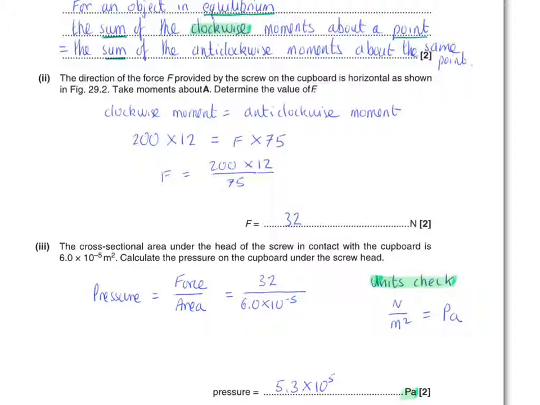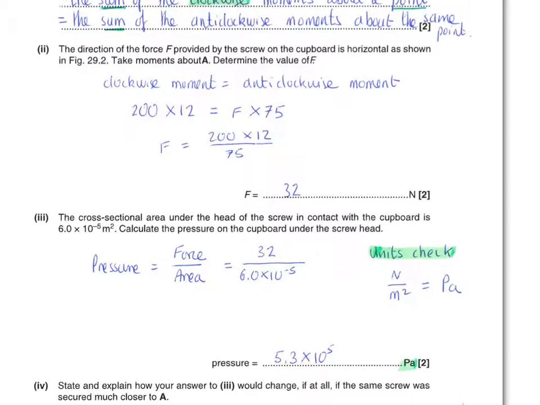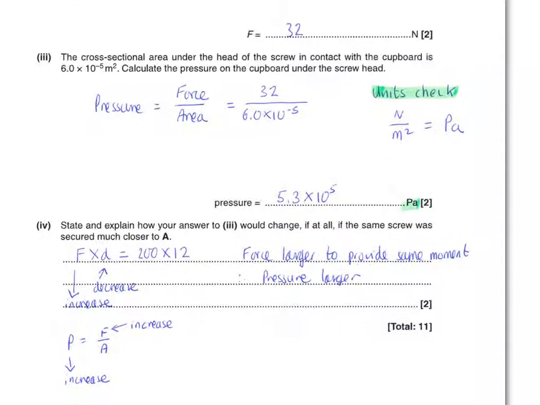Moving on then, the final part of the question asks us to think about pressure. So we have pressure is force divided by area. This was the force exerted by the screw, 32 newtons, quite simply divided by the cross-sectional area of the screw head. Again, be careful with units.